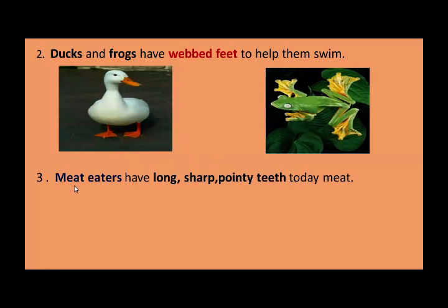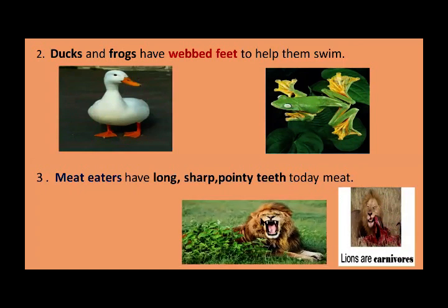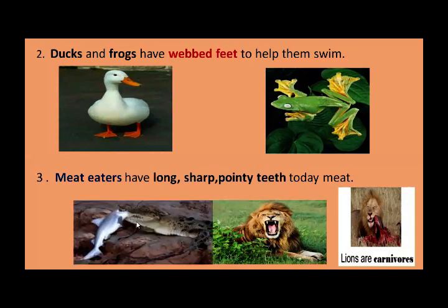Okay, and the third is meat eaters have long, sharp, pointy teeth to eat meat. Lions, you can see here the long and the sharp, pointy teeth. Alligators also have very long, sharp, pointy teeth to eat meat.